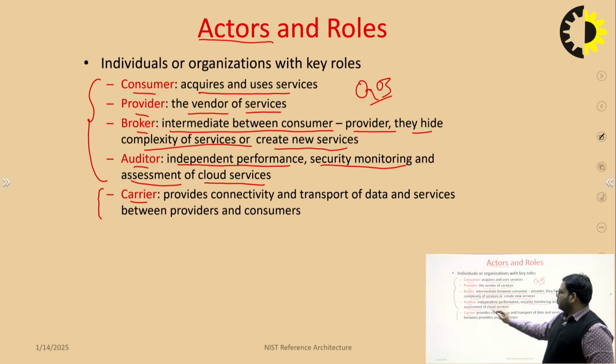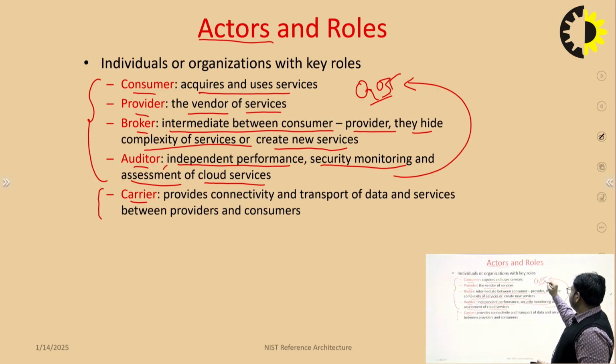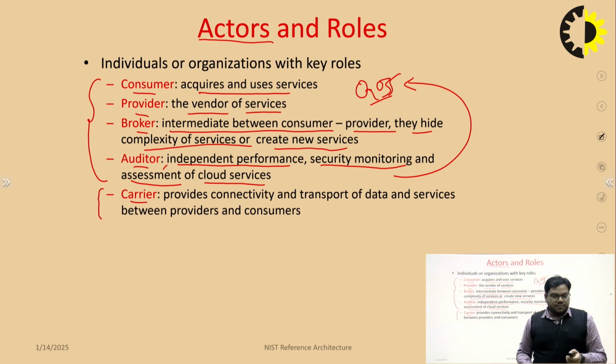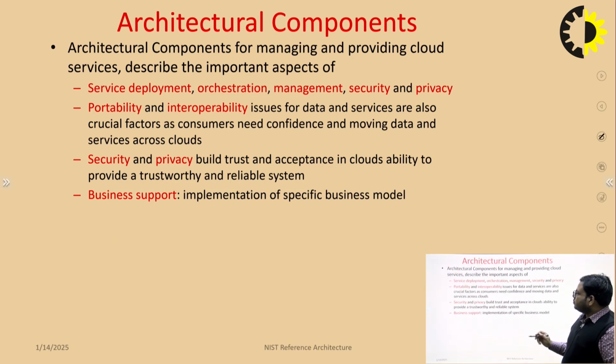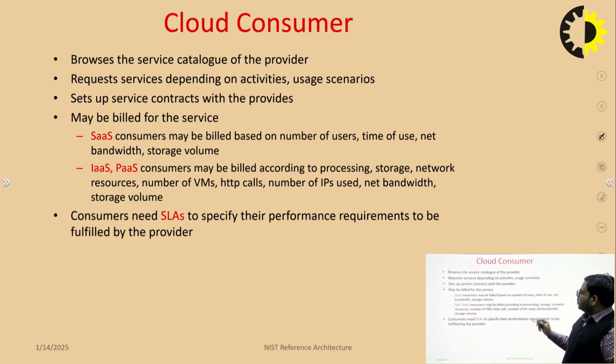If we're talking about the auditor, its main purpose is ensuring the quality of services. So this is the main model. Already we had discussed brief things about these. So let's start with the cloud consumer.